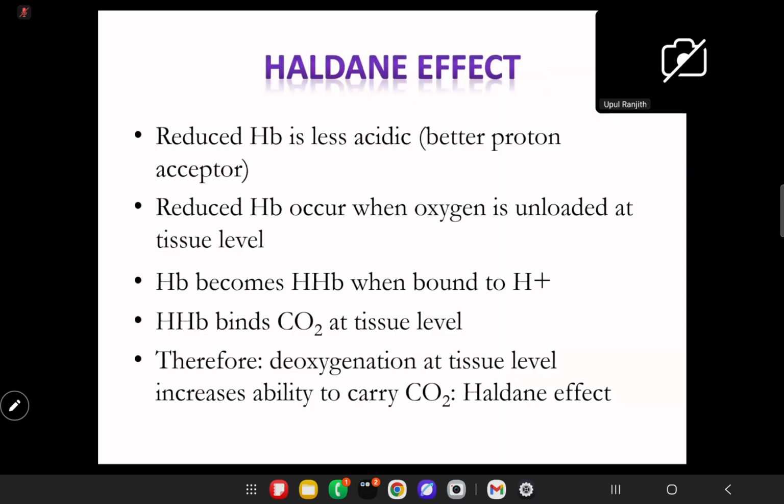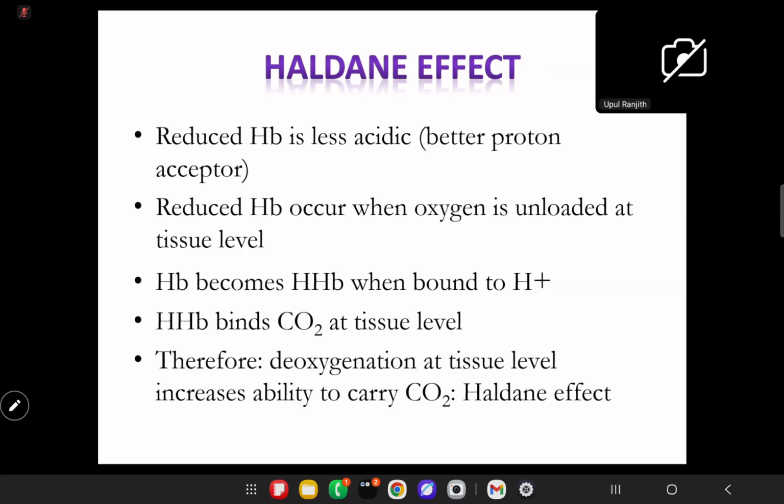Right. So what is the Haldane effect? Reduced hemoglobin is less acidic, a better proton acceptor. In the previous slide, I showed you that when the hemoglobin is reduced at the tissue level due to the delivery of oxygen into tissues, it becomes less acidic, and less acidic means it will accept protons better. So reduced hemoglobin occurs when oxygen is unloaded at tissue level.